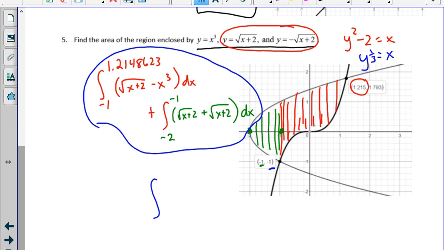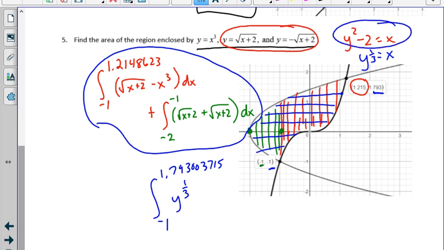So if I'm going from -1 to the y value, that's 1.793003715 of y to the 1/3. Notice that's the rightmost curve. And then if I want to go to the leftmost curve, that leftmost curve is always y squared minus 2.